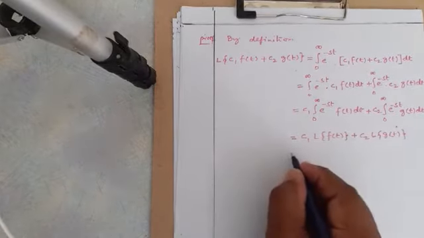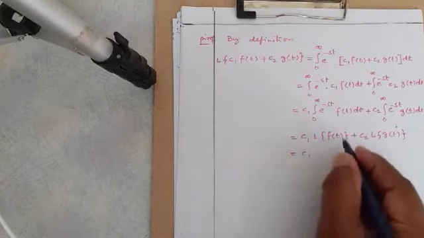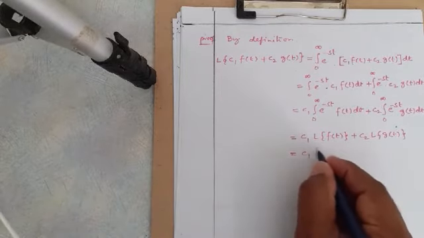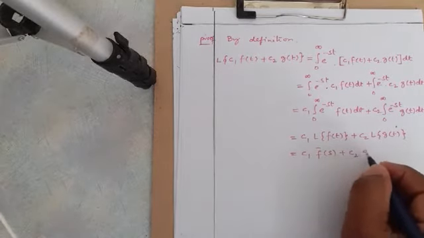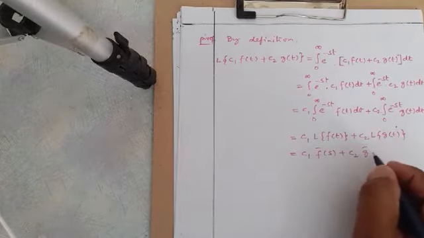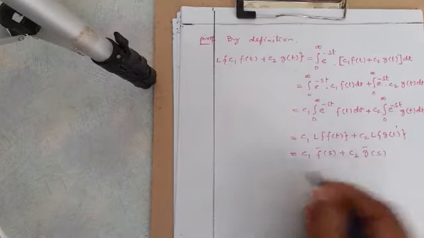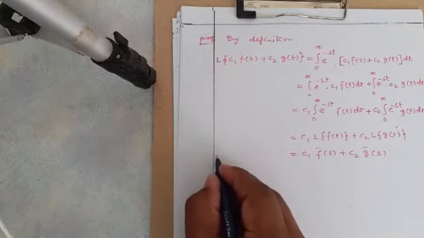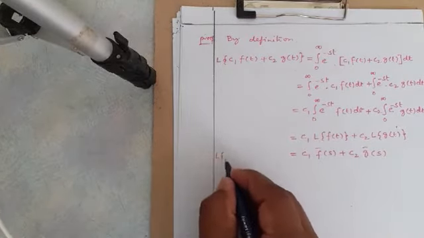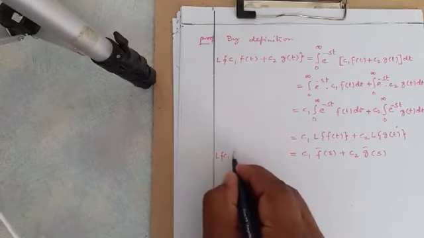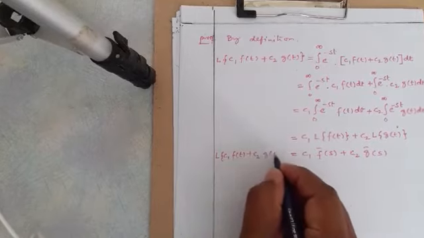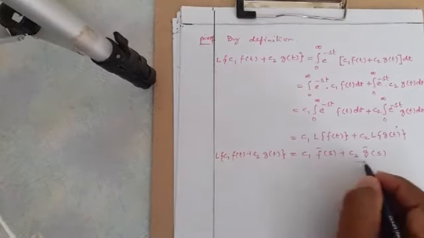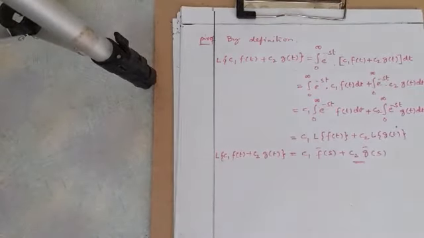So this is equal to c1 times L of f of t, which is f bar s, plus c2 times L of g of t, which can be written as g bar s. Hence proved. So this is the linearity property of Laplace transform. In this way we prove the linearity property.